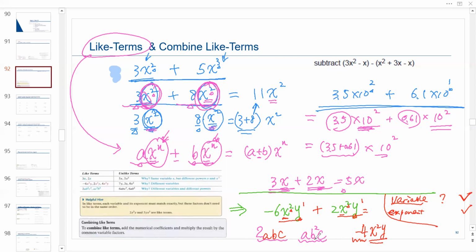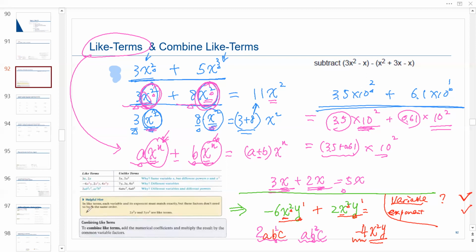See the B, the variable is the same, but the exponent is different, right? Here is 1, here is 2. So these two are not like terms, because the variable is the same but the exponent is different. Even though C is the same, if one of them is different, they would be different. So when you do the addition, you cannot just do the coefficient part addition because they are not like terms. So they cannot be combined together.